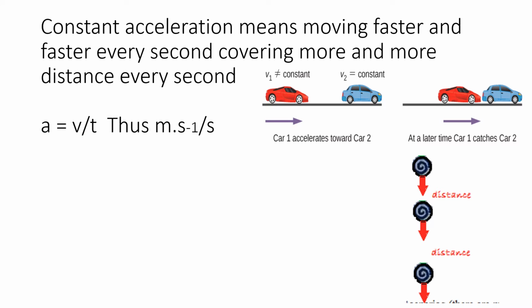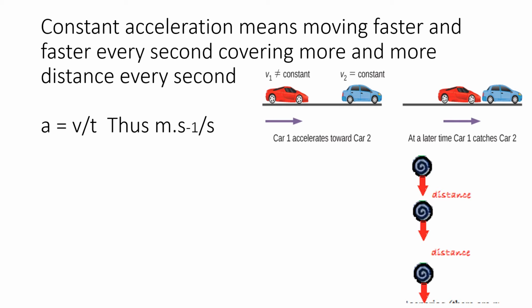Constant acceleration means moving faster and faster every second, covering more and more distance every second. Keep in mind the formula for acceleration is delta V over delta T. Thus, it's meters per second per second.